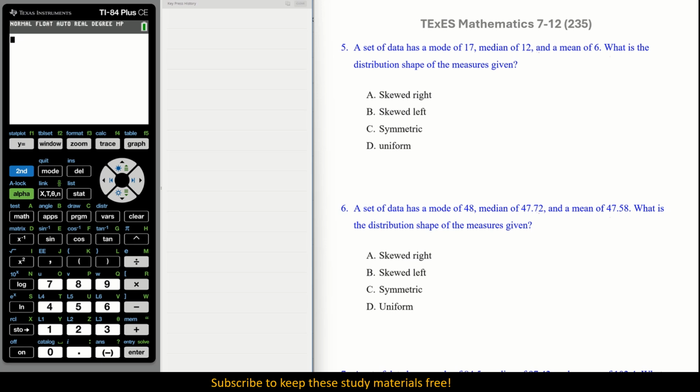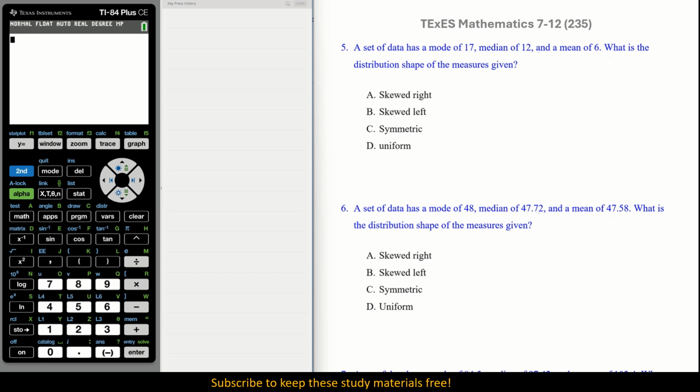Okay, number 5. A set of data has a mode of 17, a mean of 12, and a mean of 6. What is the distribution shape of the measures given? Okay, so from our image and what we discussed earlier, our two images of how things are skewed to the right, skewed to the left.